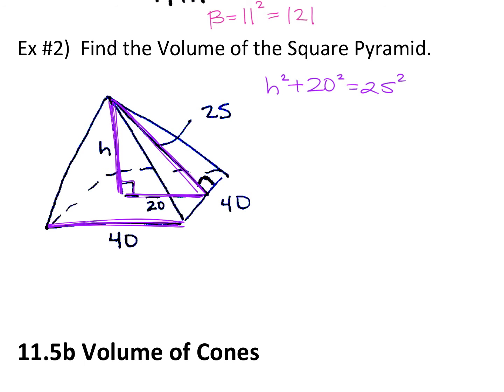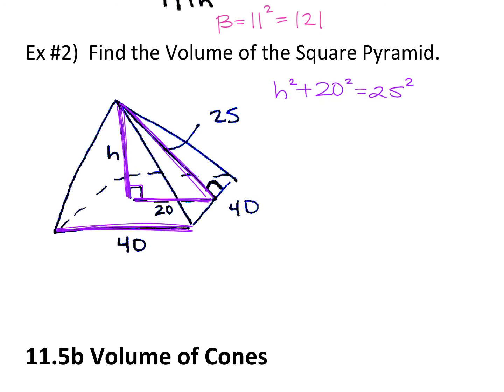Now, I've had some in my last class that were still doing this wrong, so I want to make sure you're all clear. When I solve this for h, you can just take away 20 squared right now. That does not equal 5 squared. You cannot go 25 minus 20.